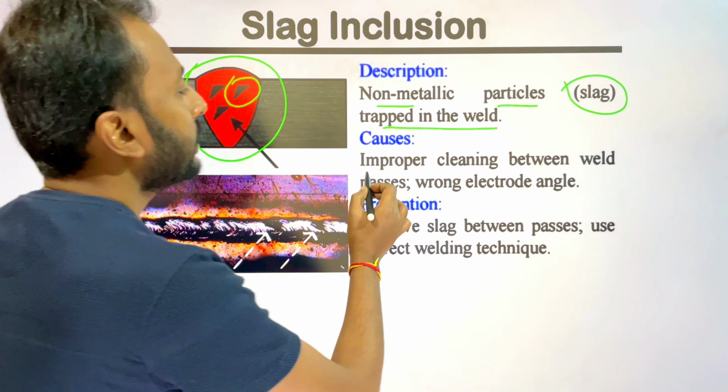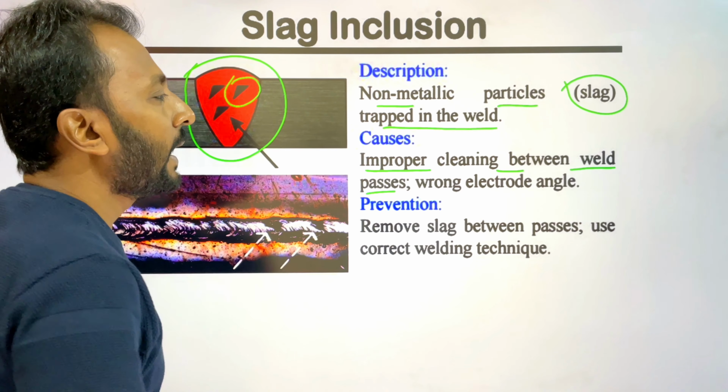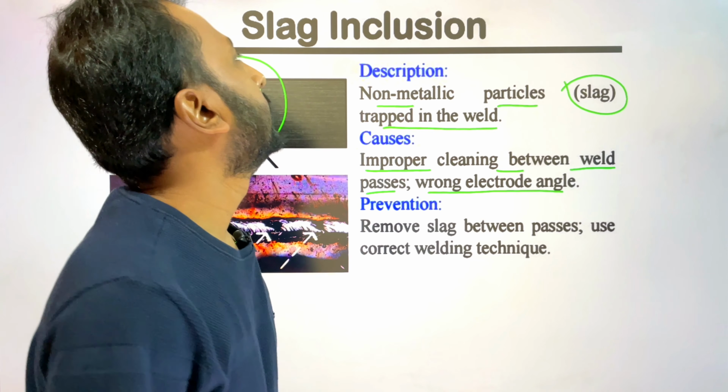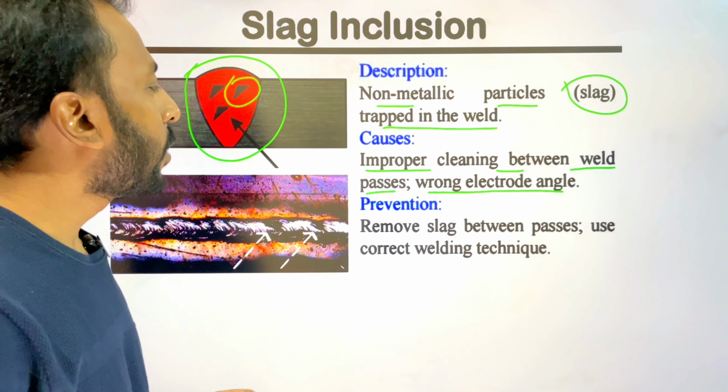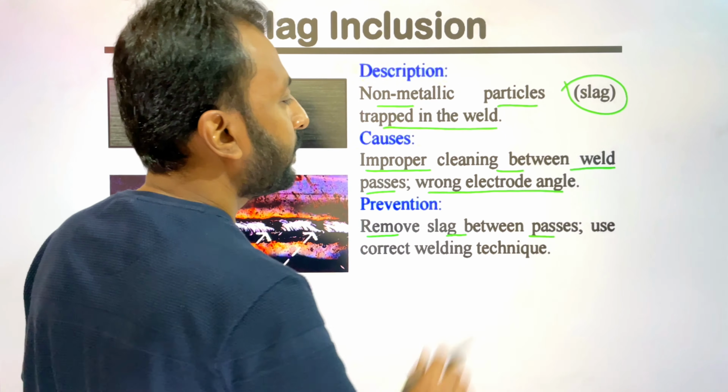How does it occur? Improper cleaning between weld passes, and also using the wrong electrode angle. How can we prevent this? We have to remove the slag between passes.